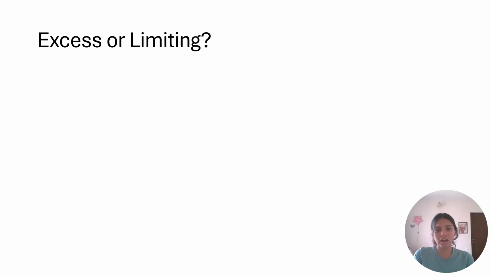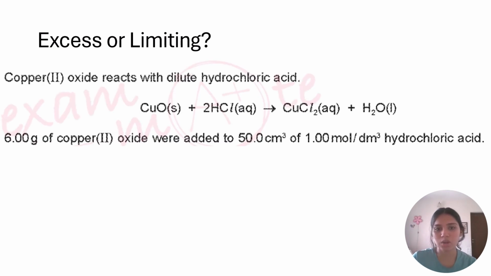Now we need to find out whether a substance is in excess or limiting in such a reaction. This is a very common question, and we're going to go through it. It's really easy once you get the hang of it. So this is your question.